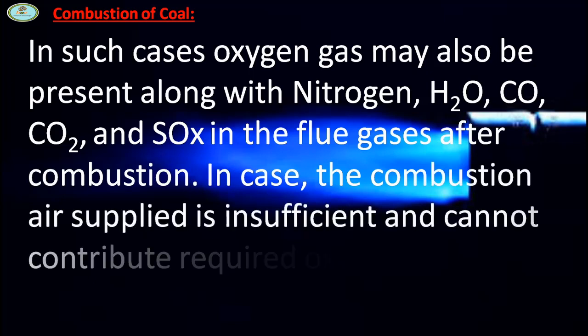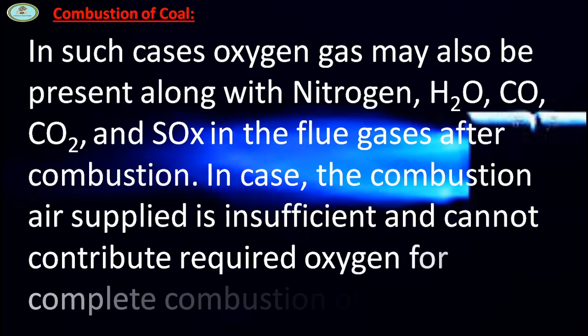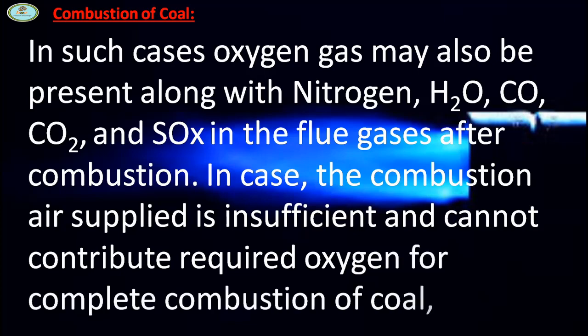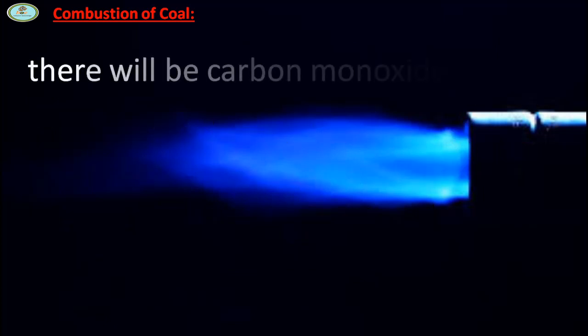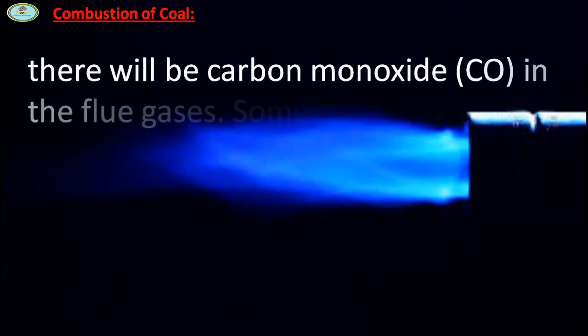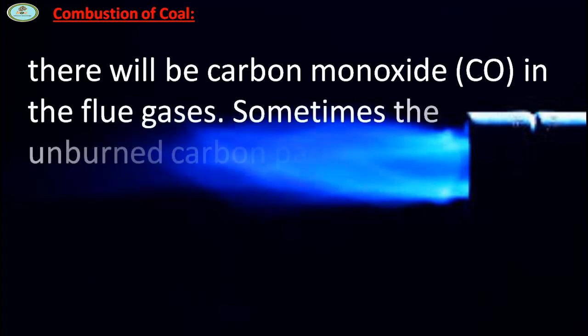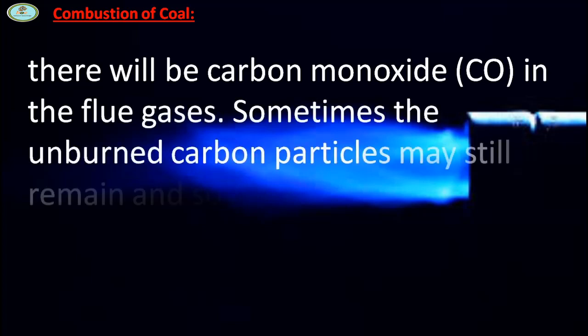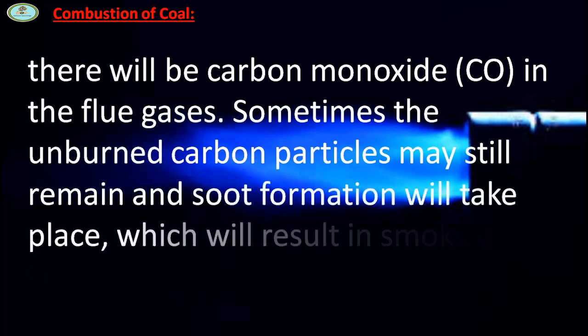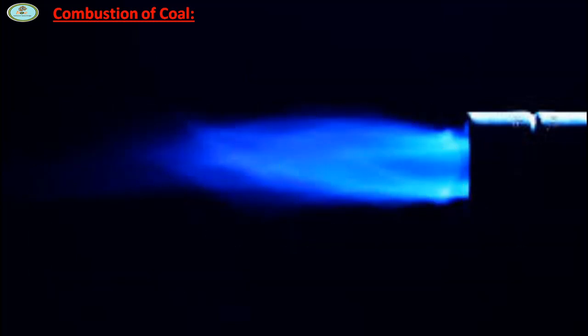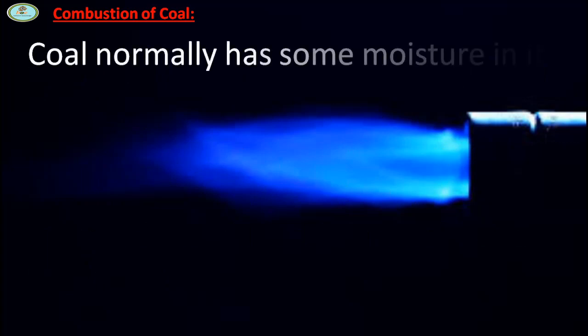In case the combustion air supplied is insufficient and cannot contribute the required oxygen for complete combustion of coal, there will be carbon monoxide in the flue gases. Sometimes unburned carbon particles may still remain and soot formation will take place, which will result in smoky and black flue gases.